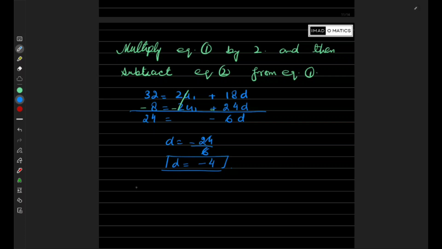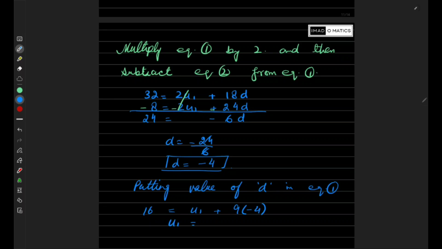By putting the value of d in any one of the equations, let's put d in equation number 1 so that we can find the value of U1. So equation 1 is 16 is equal to U1 plus 9d, and here the value of d is minus 4.